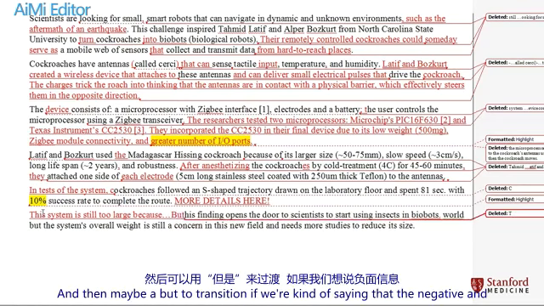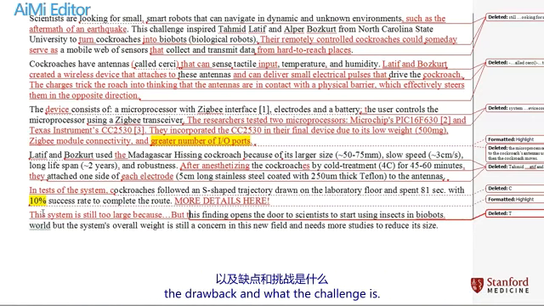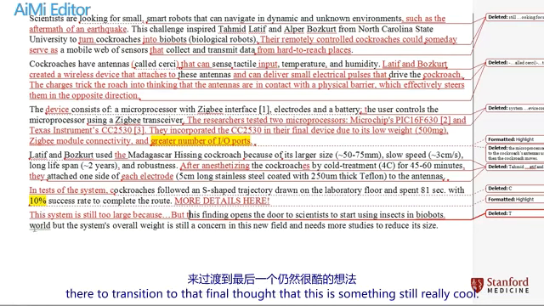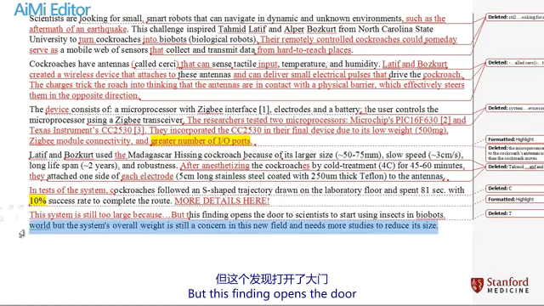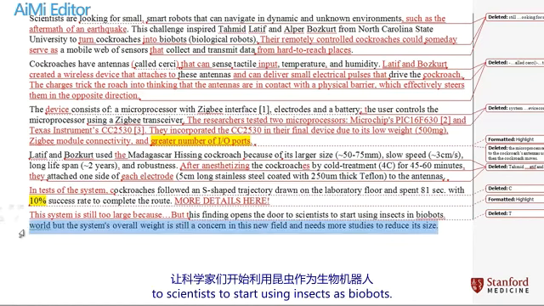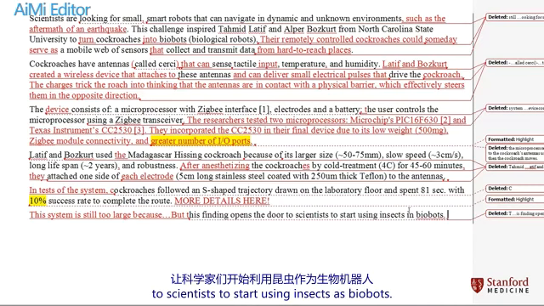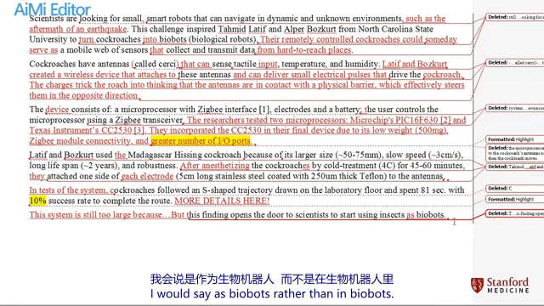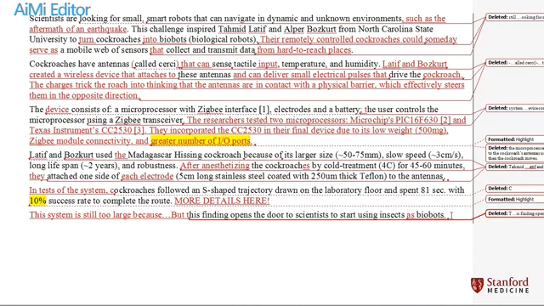And then maybe a but to transition, if we're kind of saying the negative and the drawbacks and the challenges. Maybe you need a but there to transition to that final thought that this is something still really cool. But this finding opens the door to scientists to start using insects as biobots. I would say as biobots rather than in biobots. And then you could end there.